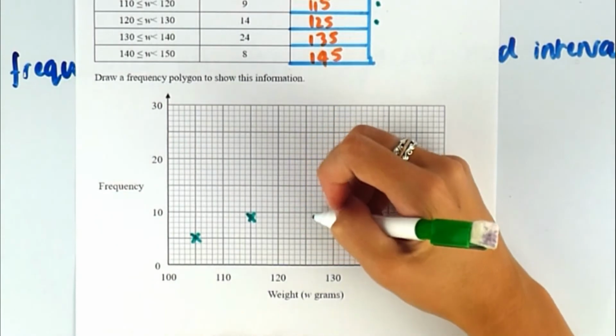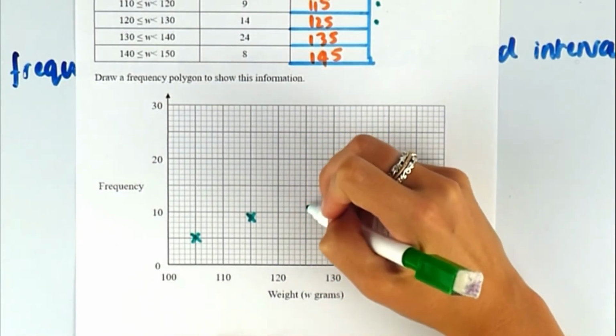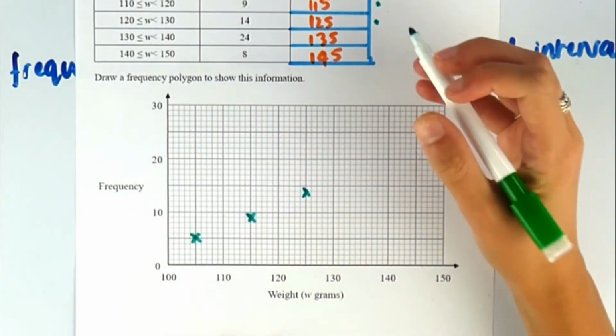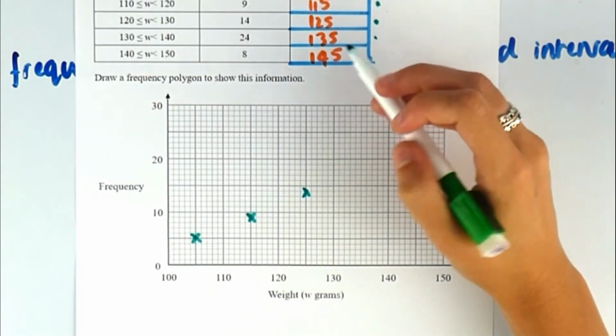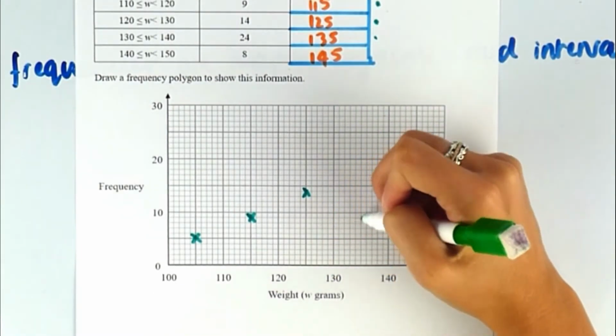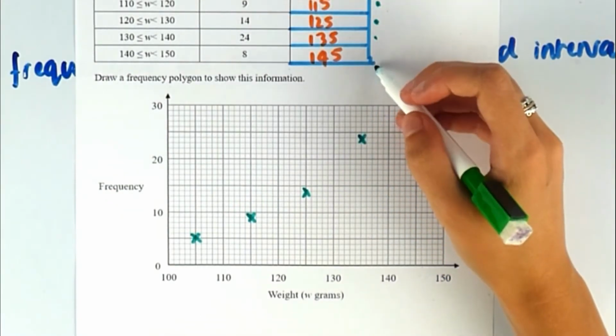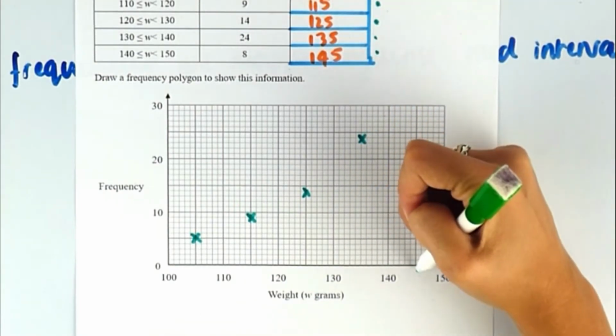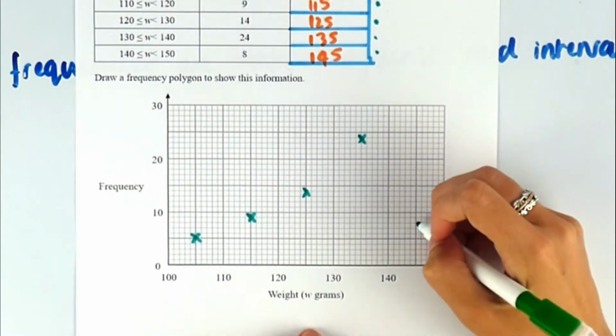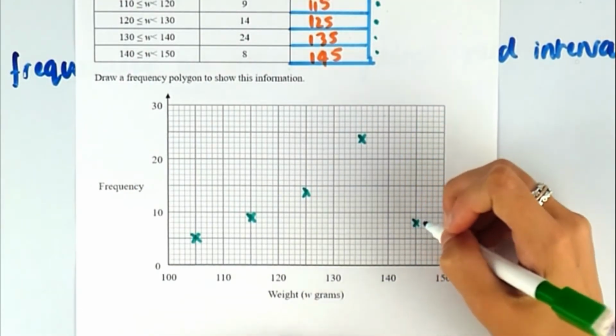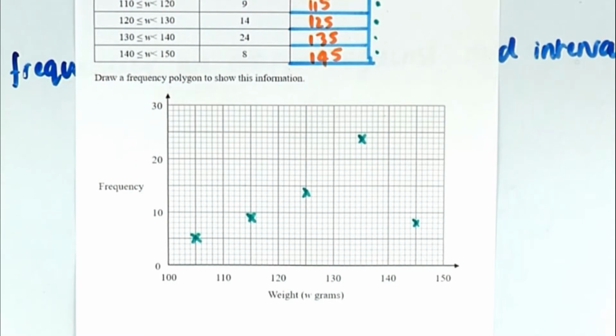Next midpoint, 125, and there were 14, so plot there. Then 135, and there were 24. And then 145, the midpoint against the frequency, which was 8. So there we have all our data points, and then you just join them all up with a straight line.